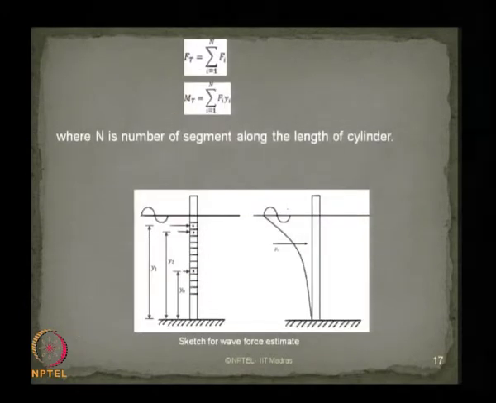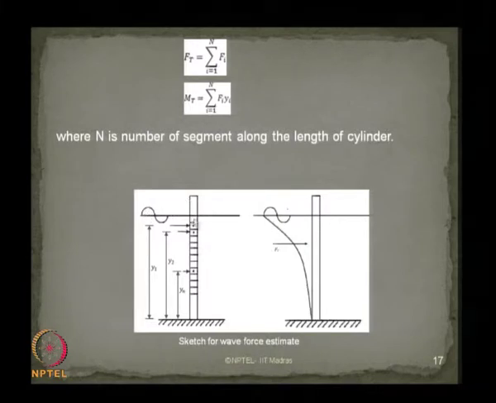Ladies and gentlemen, let us look at two equations, which are the force total and the moment total. The force total, as you see, if you divide the member into n number of parts, equal or unequal, varying from the bottom, whereas y becomes 0 at the seabed and y keeps on increasing as you move towards the mean sea level.